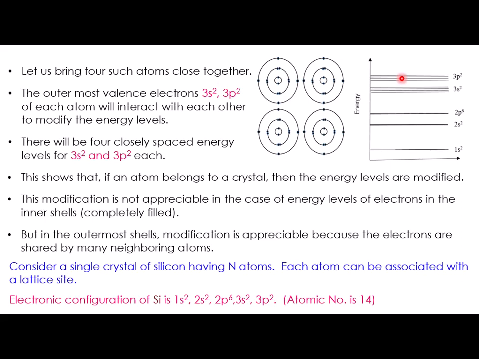Suppose this crystal is made by bringing all n atoms slowly close to each other and making them sit on particular lattice points. In that process, you are decreasing the distance between two atoms, which is called the interatomic separation. When you decrease the interatomic separation, how the energy levels get modified is what we are going to see now.